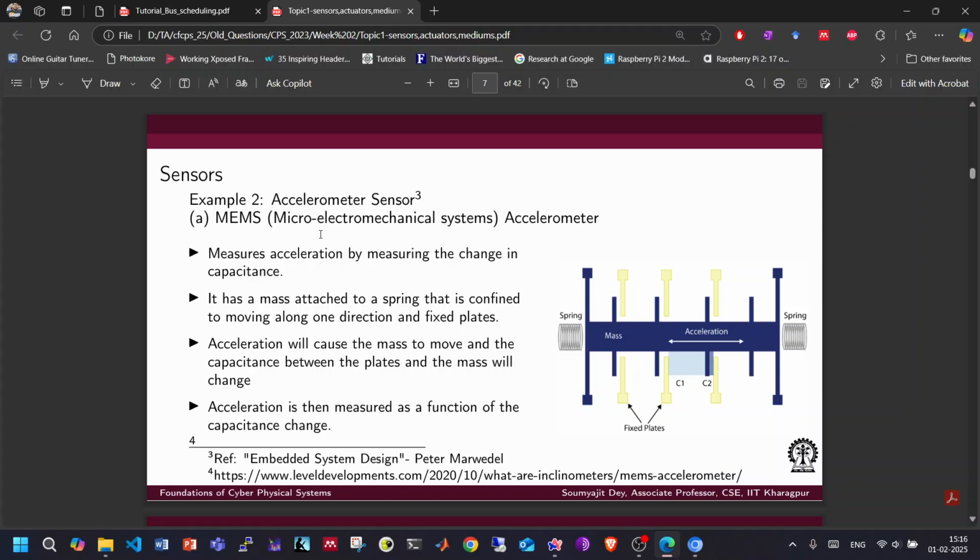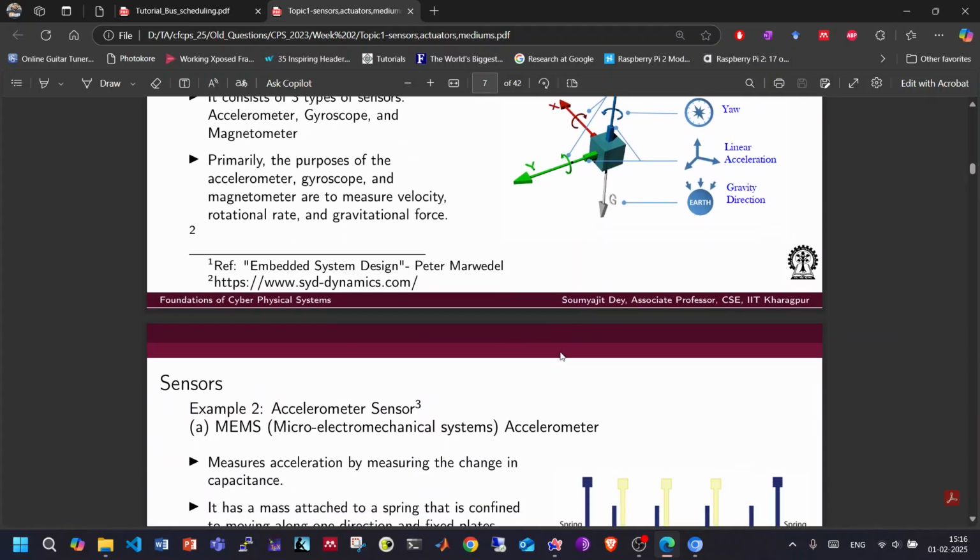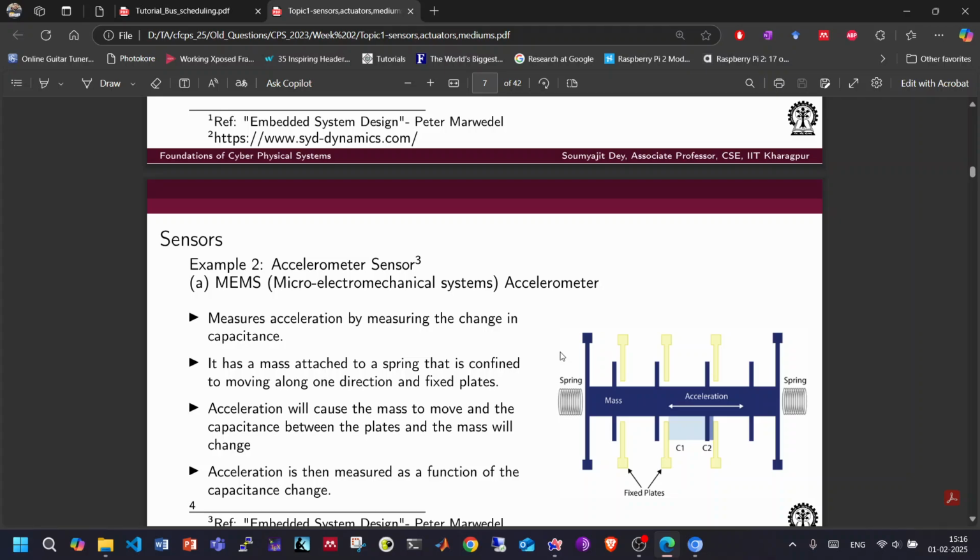Basically we need to calibrate it first. How do we calibrate it? When a proof mass is moving, maybe when you are starting a car along the x-axis, in resting position, the proof mass or seismic mass is suspended and it is not moving.